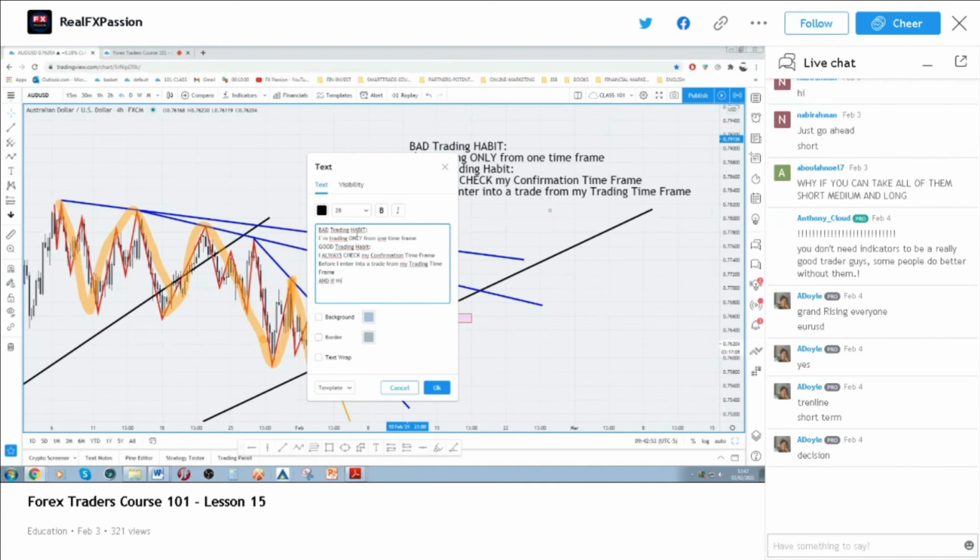And if the confirmation time frame is against me, I will not enter the trade, just because the higher time frame is telling me so.